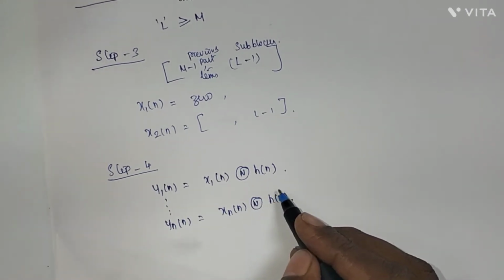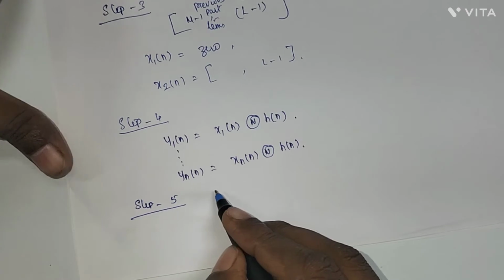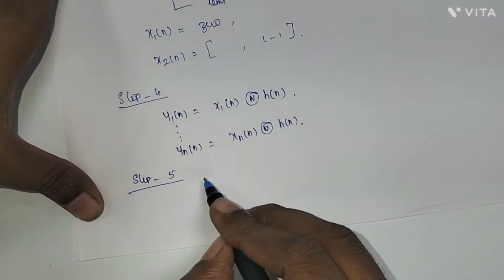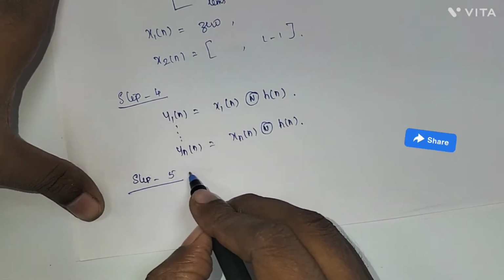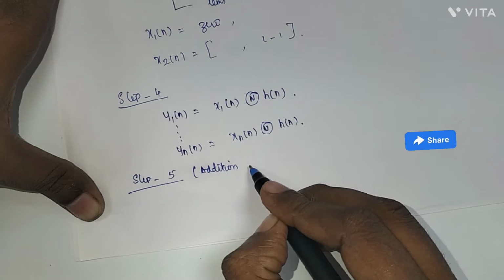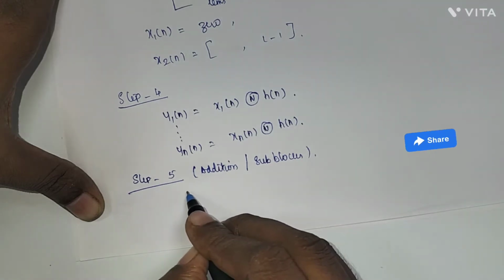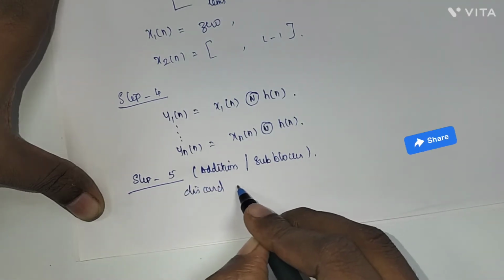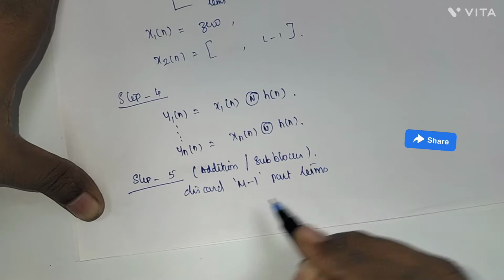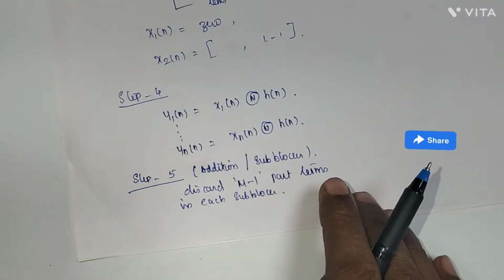Then the last step, step 5: you have to add the subblocks, discarding the m minus 1 past terms in each subblock, and write the remaining samples as they are.